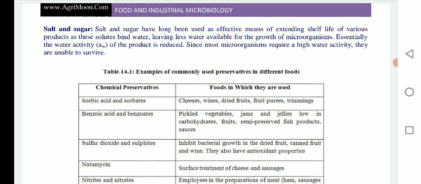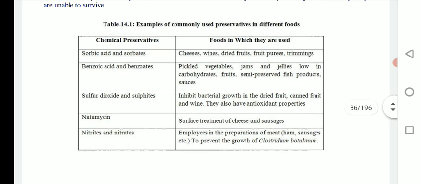So essentially the water activity of the product is reduced, and since most microorganisms require high water activity, they are unable to survive.